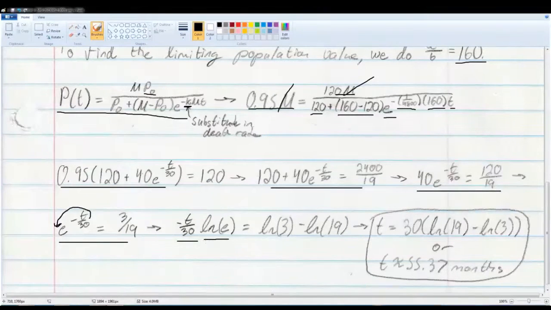These are inverses, so it becomes 1. Then the ln of 3 over 19 can be written like this. Solving from there, multiply both sides by negative 30. Here we have t equals 30 times ln of 19 minus ln of 3, or approximately 55.37 marks.